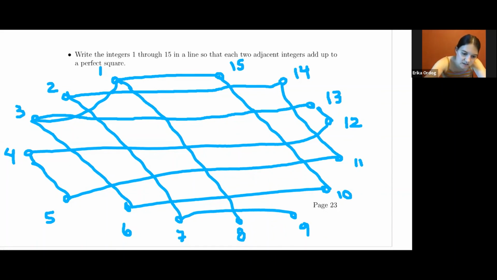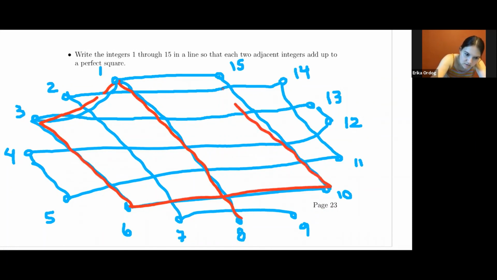All right, so let's start with 8 and follow along to 1. And then where should we go? We have to be kind of careful about this. So let's say we go to 3, then 6, then 10, then 15. Okay, that's not going to work. So let's try again.